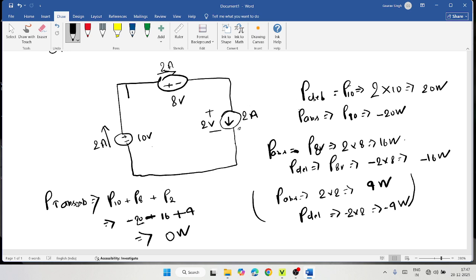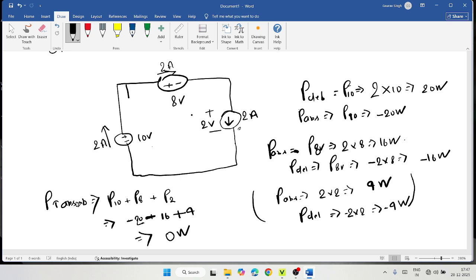So delivered power: the 2 ampere current source is there and the 10 volt voltage source is there. So power is equal to V into I, so 2 into 10 is equal to 20 watt. And always remember that if the delivered power is 20 watt, then the absorbed power in the given source is the negative of that delivered power. So the power delivered is 20 watt, and the negative of that, minus 20 watt, is the absorbed power.